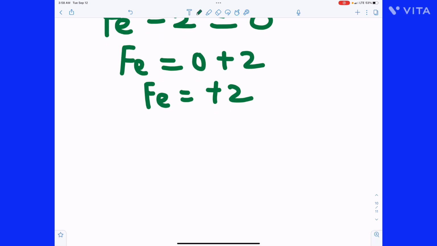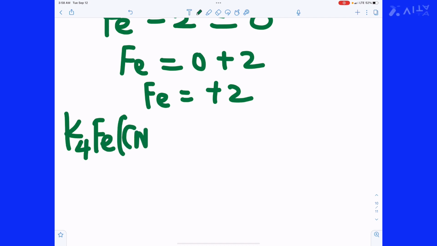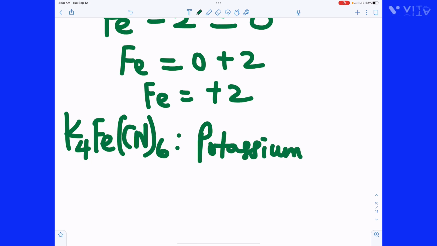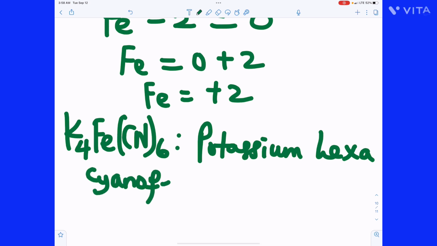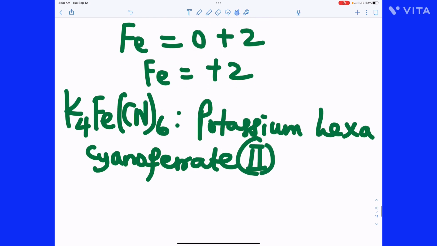We call this compound K4Fe(CN)6. We call it potassium hexacyanoferrate(II).